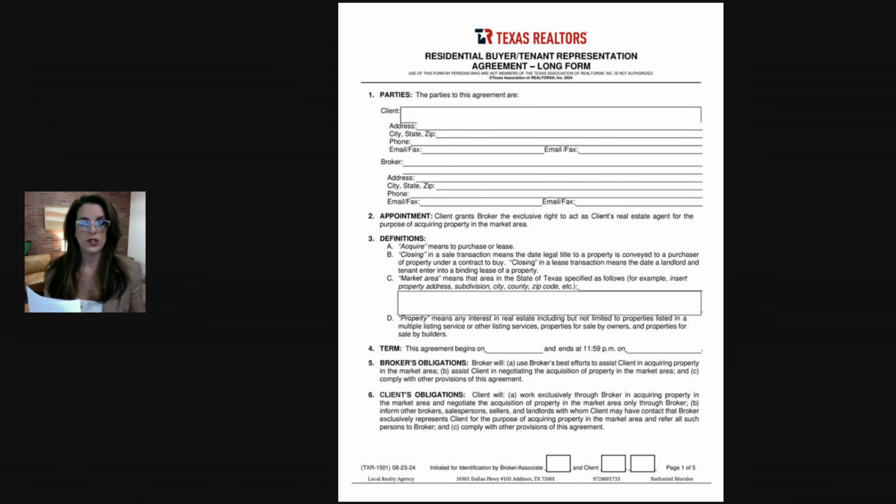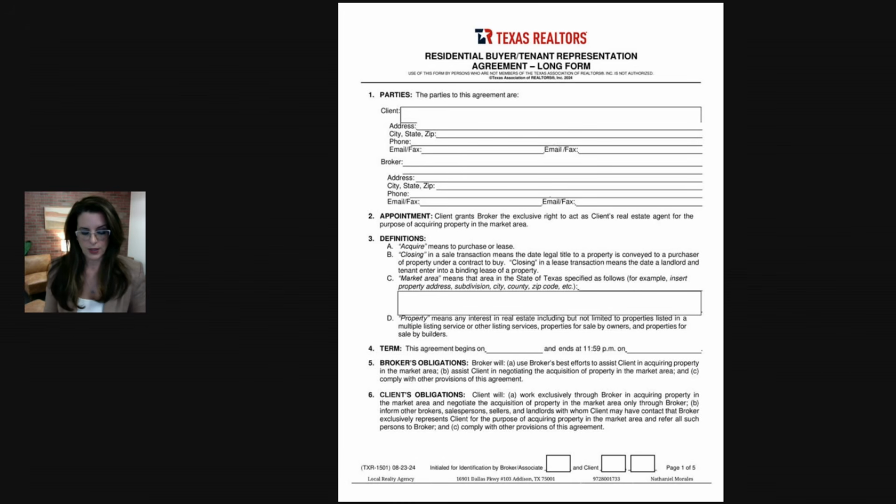Those are all notices, and we ask your clients to sign them just to acknowledge receipt. But the residential buyer tenant representation agreement is actually a binding contract between the broker and your clients.